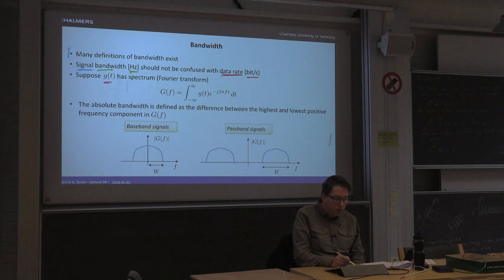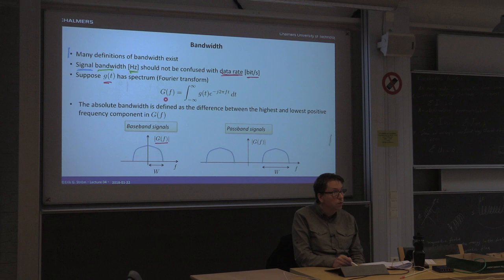If we plot the magnitude of G, first of all, why do we want to plot the magnitude? Because typically the Fourier transform is a complex function. j here is the square root of -1, for instance. So in general, G here is complex.